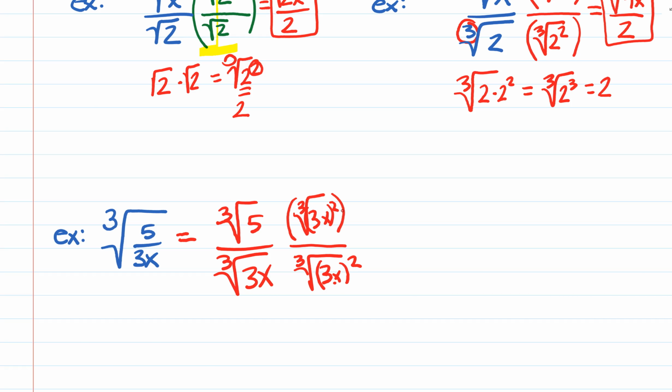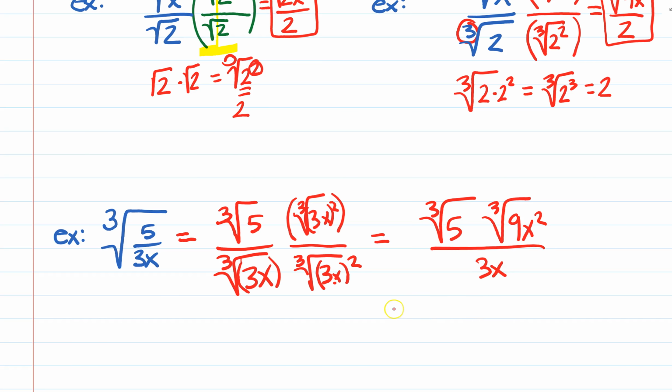Why is this true? Because look, when you multiply the 3x times the 3x squared, you get 3x to the third. So on the top, I'm going to get the cube root of 5 times the cube root of 9x squared, all divided by 3x. I can take this one step further and give me the cube root of 45x squared all over 3x.